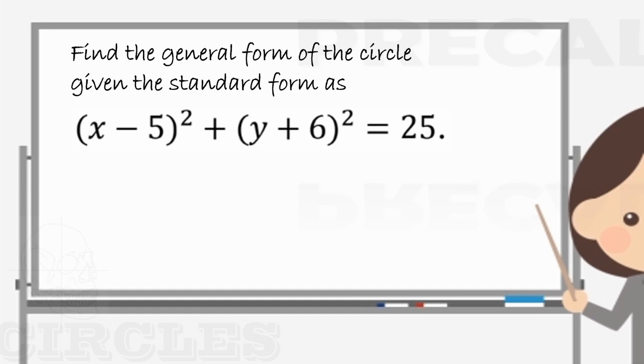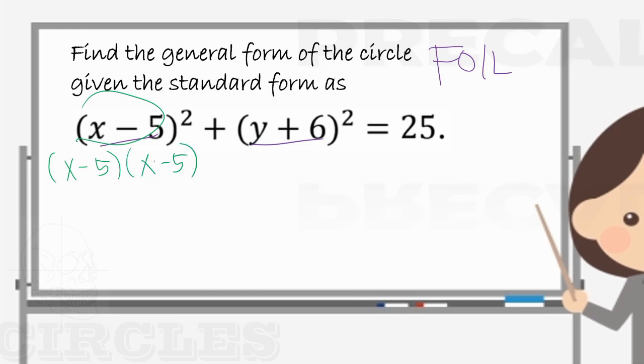So, una natin gagawin ay yung FOIL method para ma-expand natin itong x and y group. So, una nating i-expand is itong x group. So, x minus 5 times x minus 5. And then, yung first, x times x is equal to x squared.